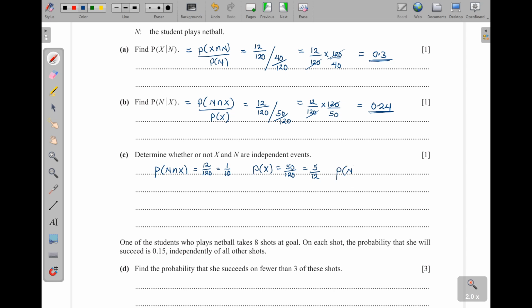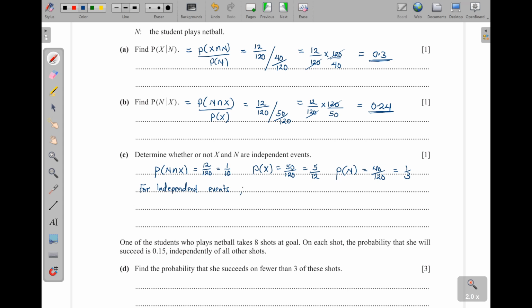Probability of N is going to be equal to, we saw it here already, down here, which is 40 out of 120, which is actually a third. Okay. Now, for independent events, those are our values we have gotten from the table.